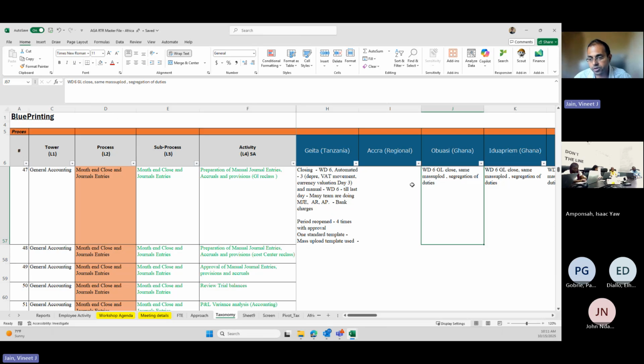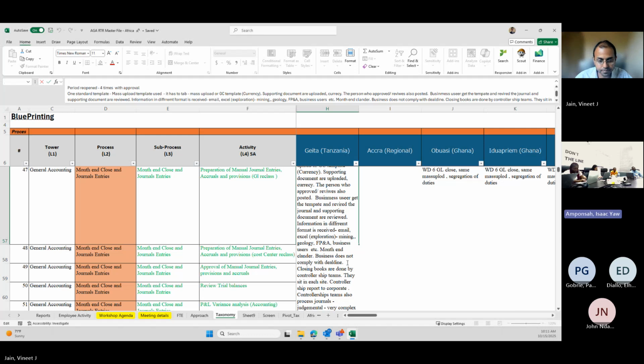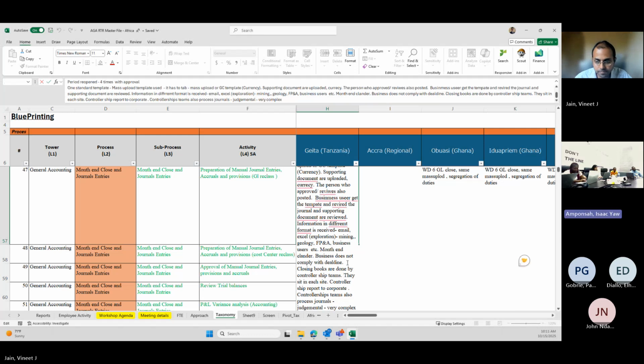So they don't have any control on period opening and closing, correct? Even when the period is open, it's not every journal that is posted. So basically, you cannot close or open. It is done by corporate.